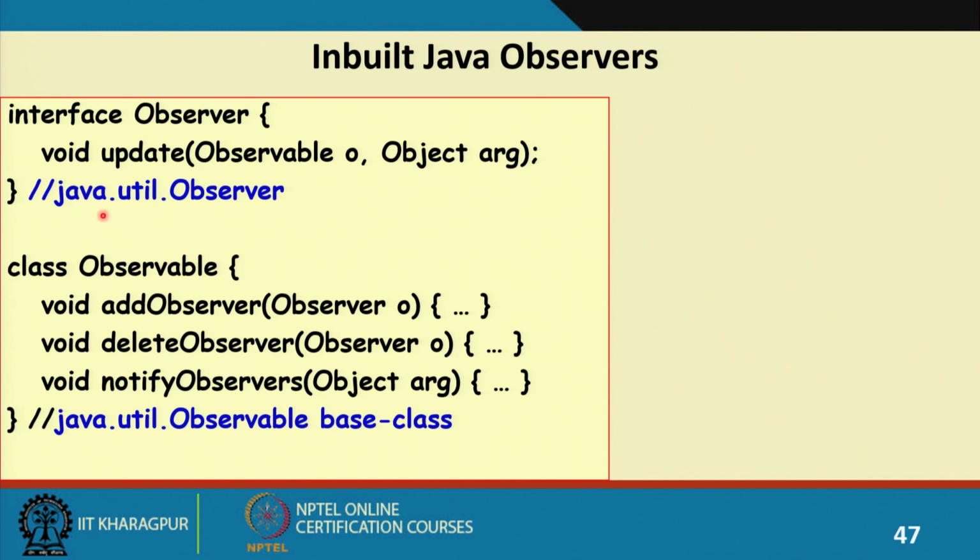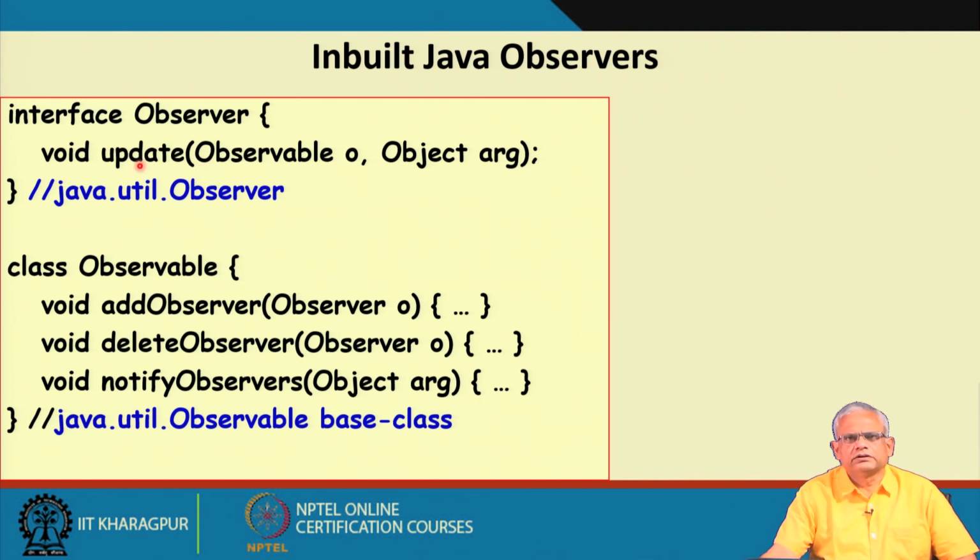In java.util, we have the interface Observer already defined, which has the method update. The observer's update is called by the observable, or the model, when a significant change to the model occurs, and it passes the observable O and the object argument.